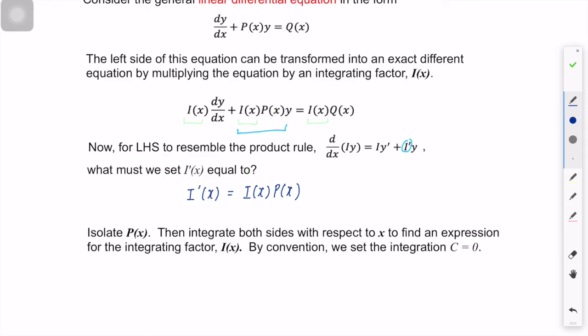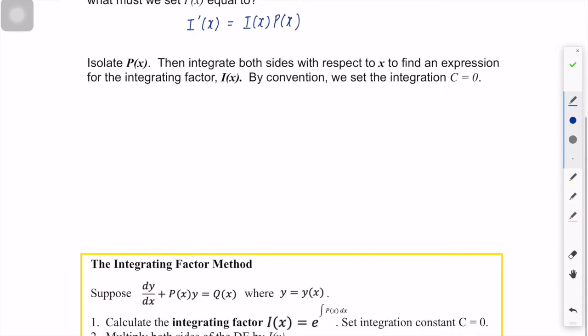So the bigger question here is, what is I of x? Is there a general form of this integrating factor that we can apply to any exact differential equations that can be solved using this method? Well, let's follow the steps here. We're going to isolate p of x first. So that means I have I prime of x over I of x equal to p of x. Then integrate both sides with respect to x.